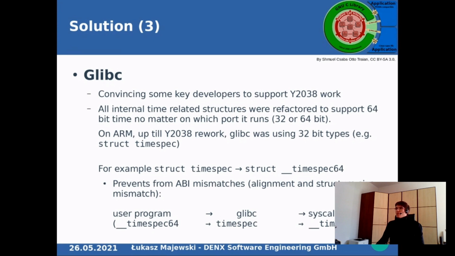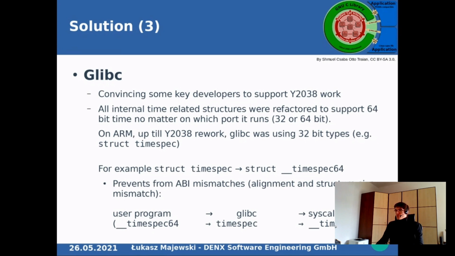The first step was to refactor glibc itself, because up to this point, glibc was using on 32-bit machines 32-bit variables, which were storing time with 32-bit size. But after the rework, where, for example, struct timespec has become struct __timespec64, no matter if we run on a 32-bit or 64-bit port, the time is always represented with 64-bit variables.